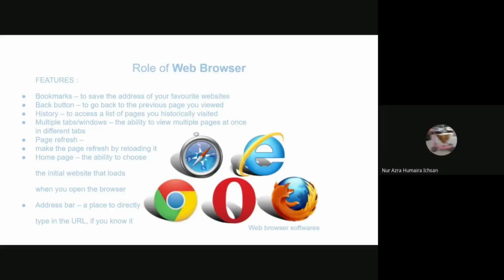So now that we know the role of web browser, we are going to talk about the internet service provider, which is something that provides the internet, obviously. So internet service providers, also known as ISPs, are companies that provide the user with access to the internet, because it would be impractical and costly for individuals and most companies to connect to the internet infrastructure directly.